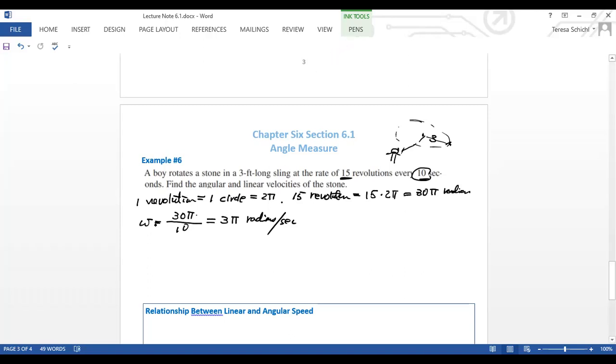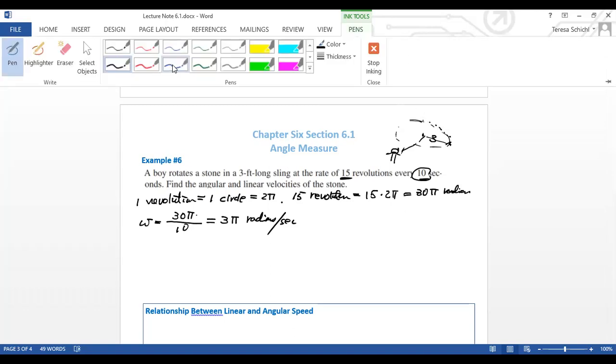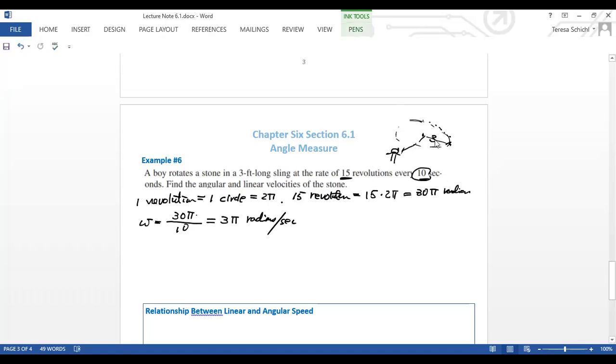It's pretty fast. Okay, now we want to find the linear speed, what distance the stone travels. The stone goes through a whole circumference for 1 revolution. For 1 circle the distance is 2 pi r, so circumference is 2 pi r.